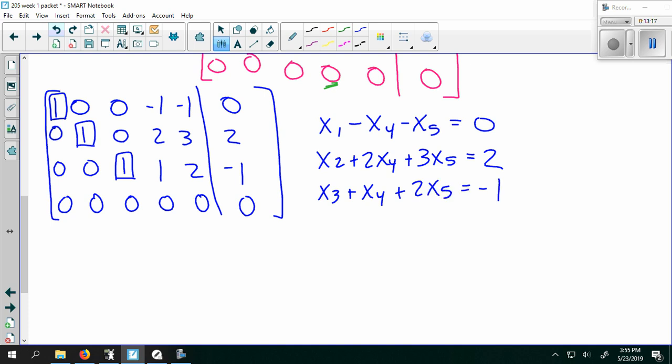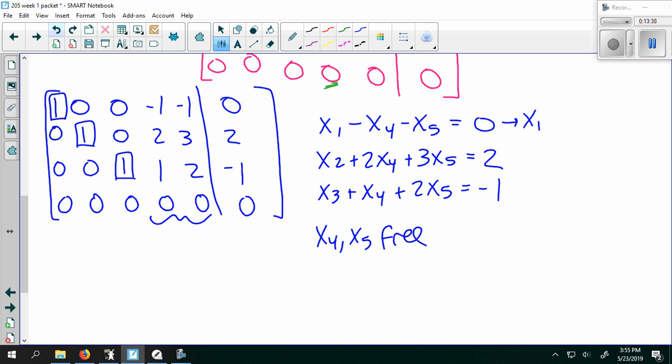And now I'm going to solve each of these equations for the basic variable in terms of the free variables, right? So my free variables are the variables that correspond to non-pivot columns. So x4 and x5 are free. So I solve each of these equations for the basic in terms of the free.